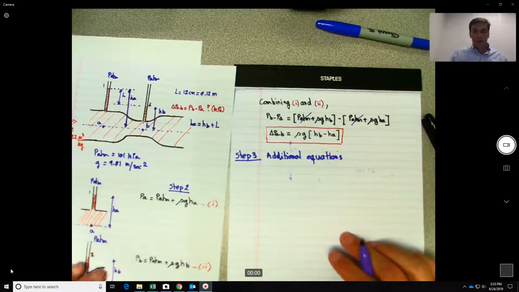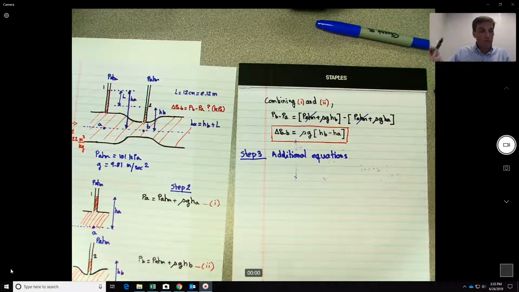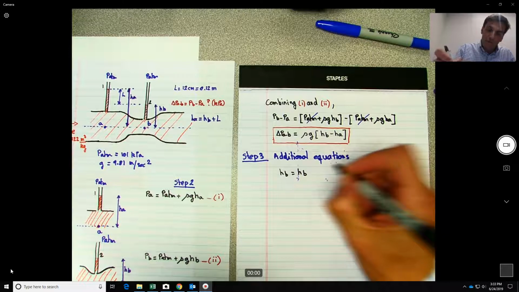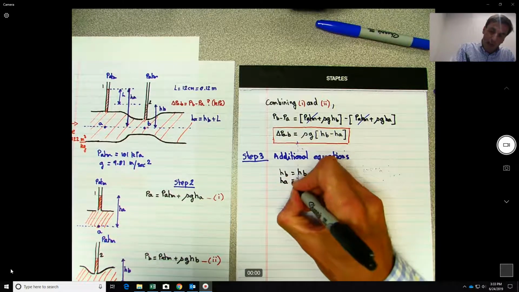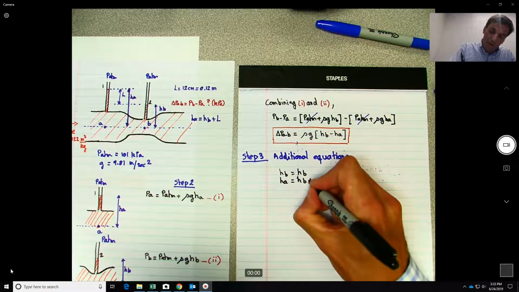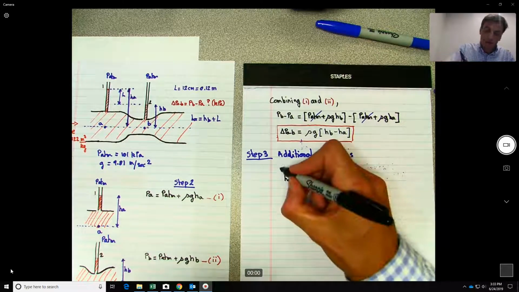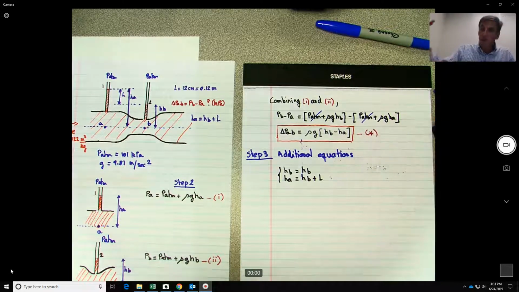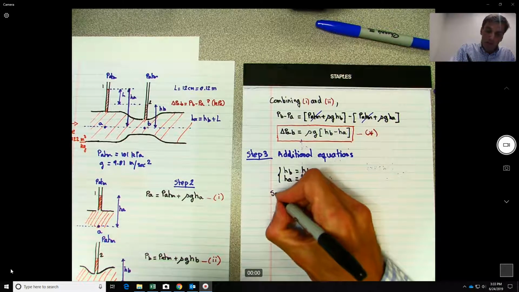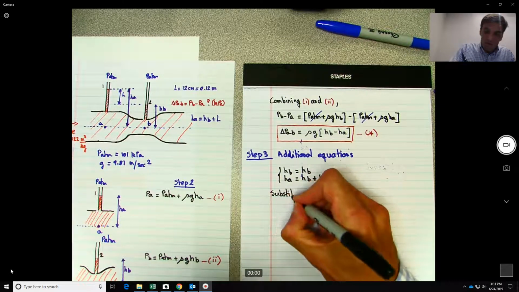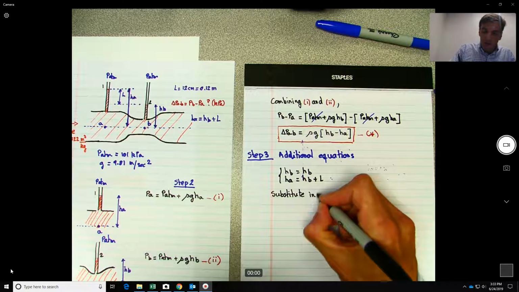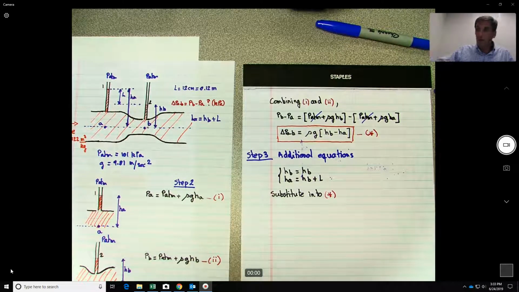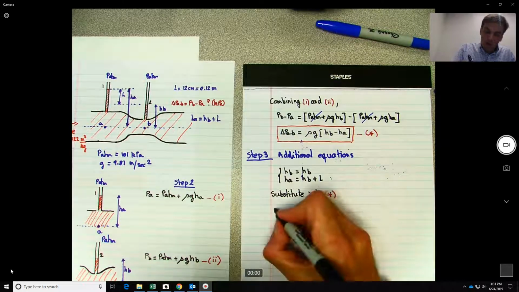So if I just go back over here, the additional equations will be what? We keep H sub B as H sub B, but now we just say that H sub A is equal to H sub B plus L. Okay? So if we substitute into the star equation, what do we have?